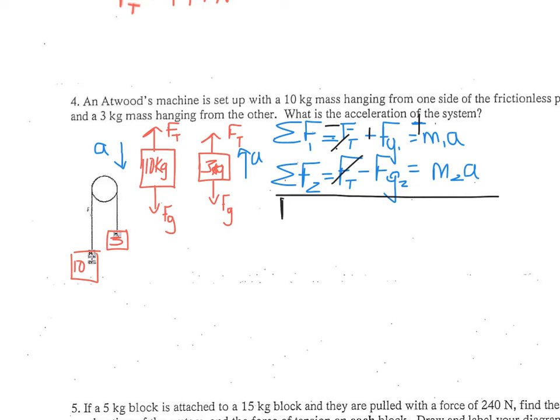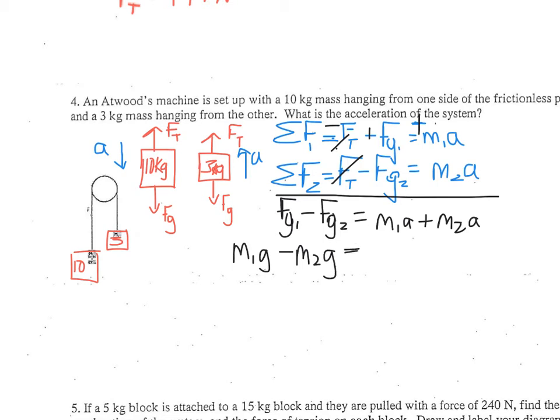And we're left with the weight of object 1. We'll subtract the weight of object 2. Okay, so remember these are just mg, and you just have to keep them straight.